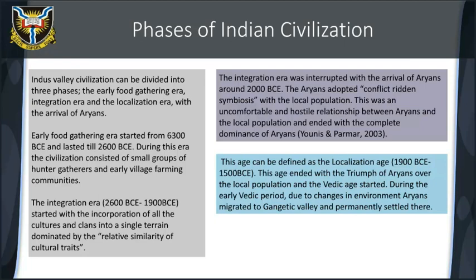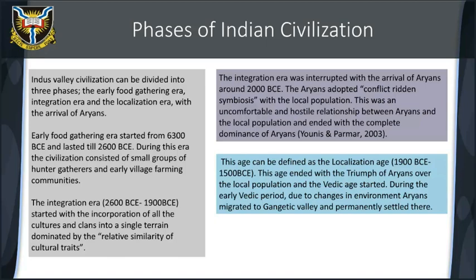The Aryans adopted conflict-ridden symbiosis with the local population. This was an uncomfortable and hostile relationship between Aryans and the local population and ended with the complete dominance of Aryans. This age can be defined as the localization age.